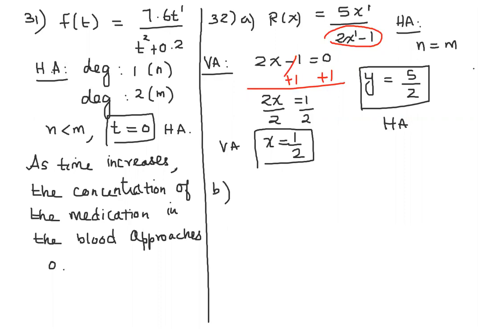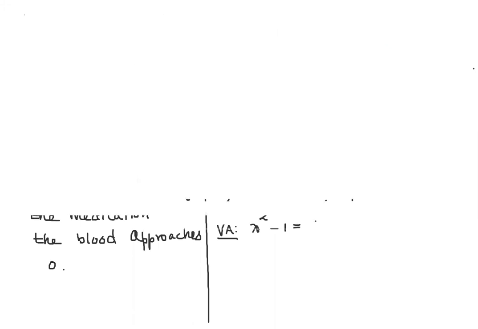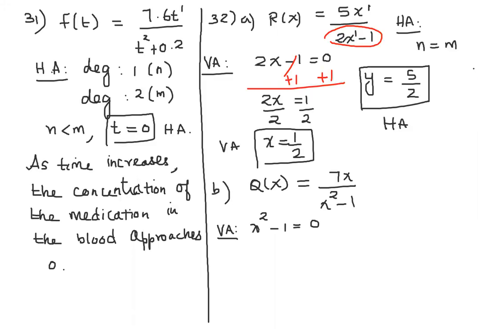Next part B, we have q of x equal to 7x over x squared minus 1. So for the vertical asymptote, as before, set the denominator equal to 0. So we have to find the x.